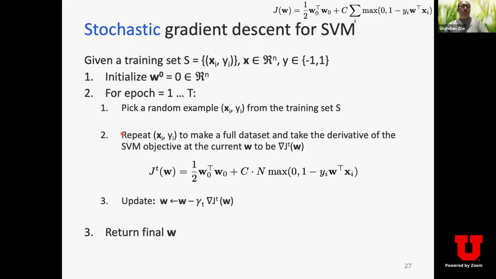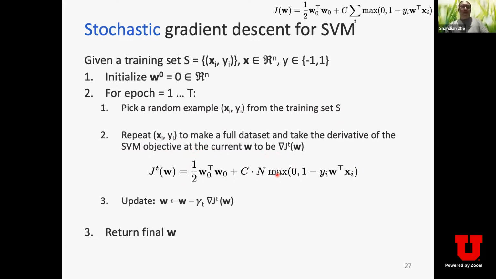Then we repeat xi, yi. Suppose your data set contains big N examples, we repeat this example big N times to fake a data set of the same size as the original data set. Then we use this fake data set to compute the training loss, which still includes a regularization term and the hinge loss term.